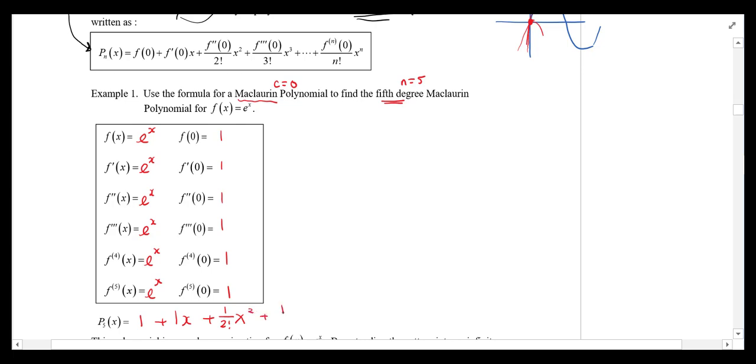And we'll continue this: 1 over 3 factorial x cubed plus 1 over 4 factorial x to the power 4. And we're going to stop at the fifth, so 1 over 5 factorial x to the power 5. Good. And that, my friends, is your Maclaurin polynomial to find the 5th degree polynomial to approximate e to the x.